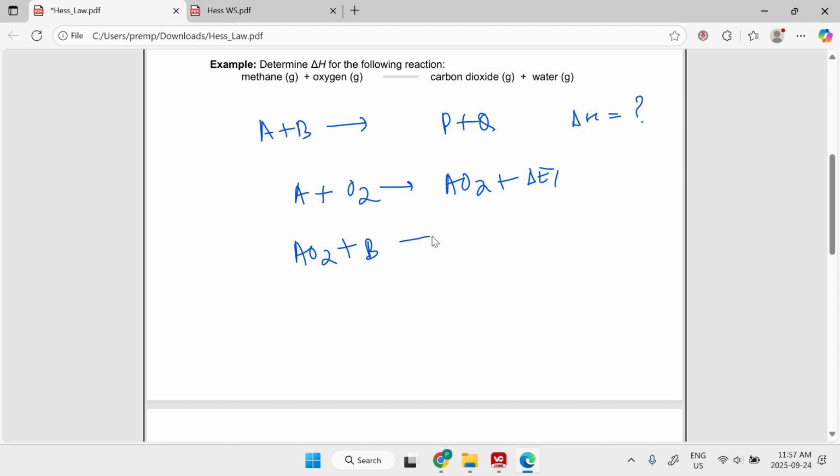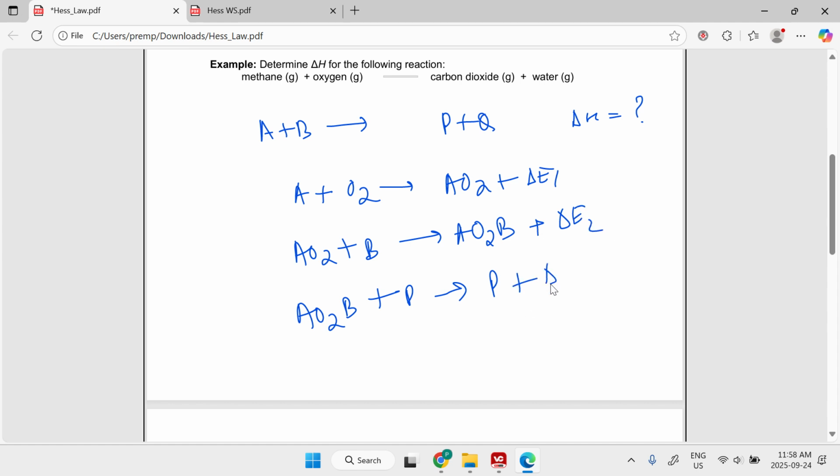So maybe it is giving you AO2. Then we have this B here, and AO2 plus B is reacting with something, maybe like P, and it's giving you, I'm just going to write here, P. This is not the right way of writing it, but I'm doing it for your understanding.